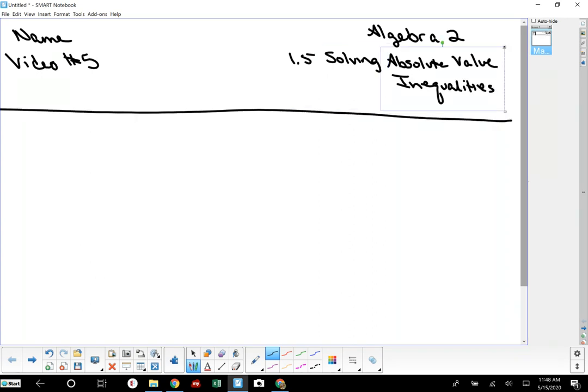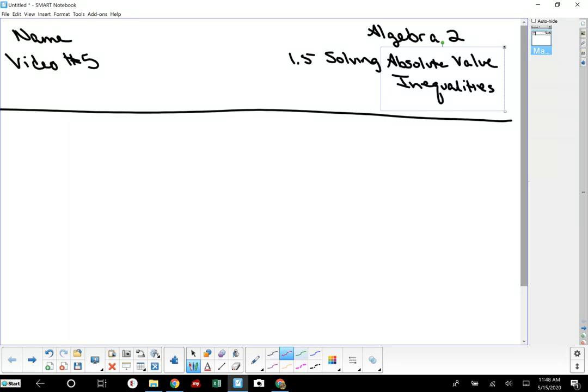All right, so there is something new in here that many of my students have never been exposed to before. That's something we're going to talk about called interval notation. But first, let me give you some hints.